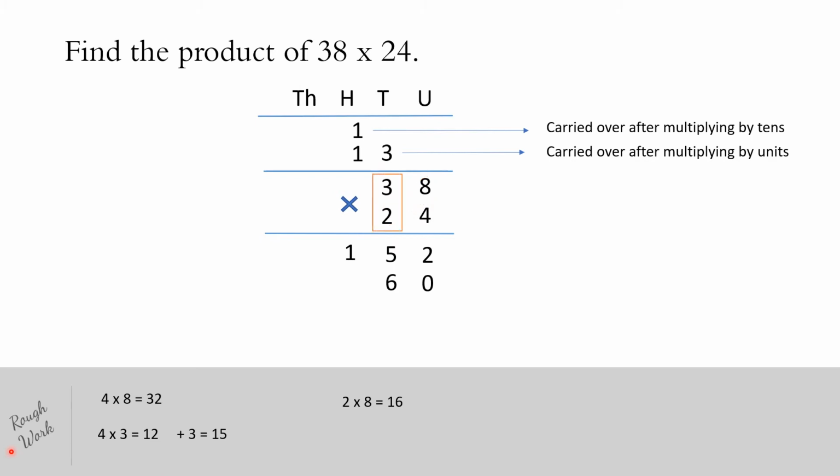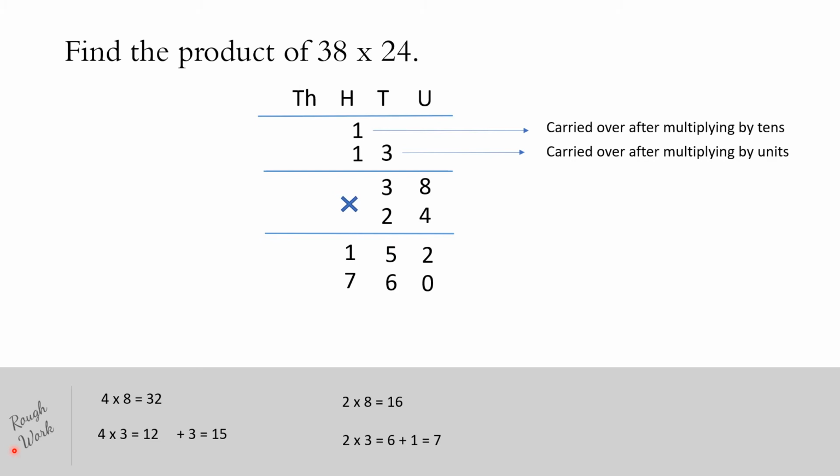Now we will multiply 2 by 3. So 2 3s are 6 plus the carried over 1. So 6 plus 1, we got 7. So we will write 7 at the hundreds place.